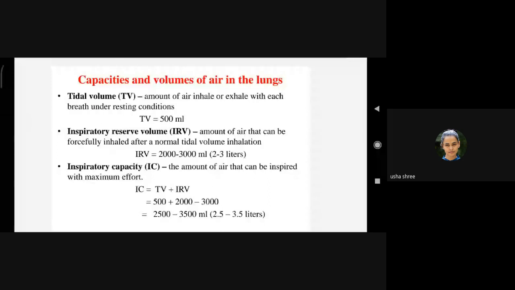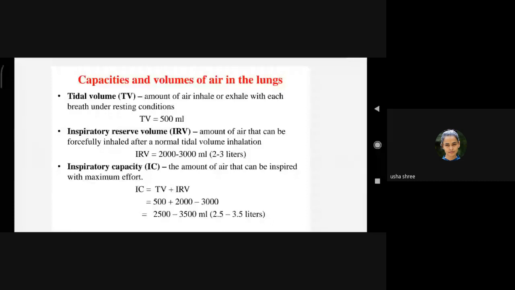And when we are breathing forcefully, it goes up to 3,000 ml.